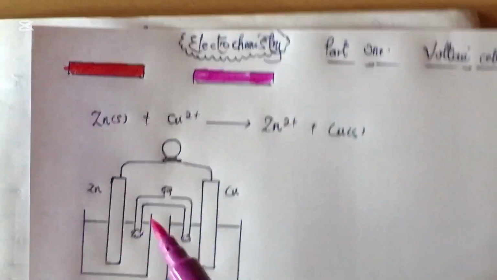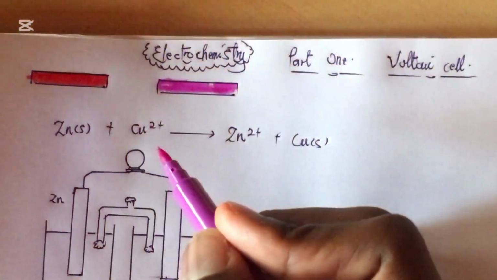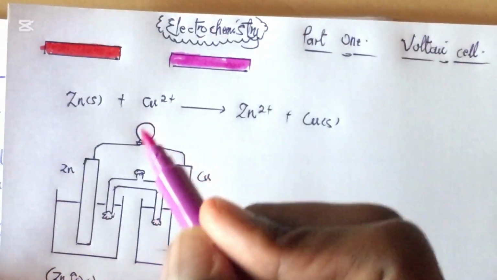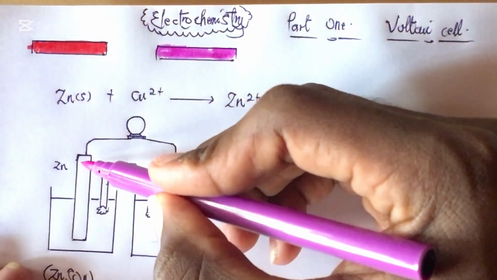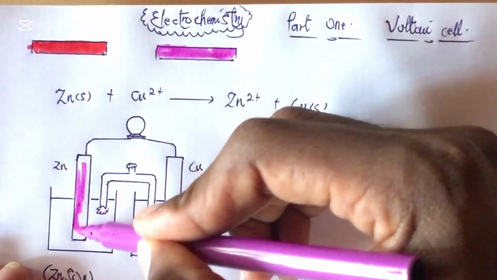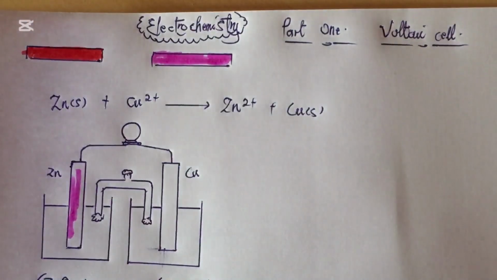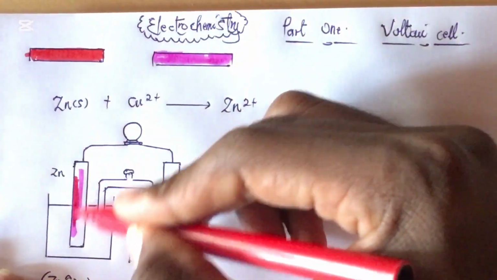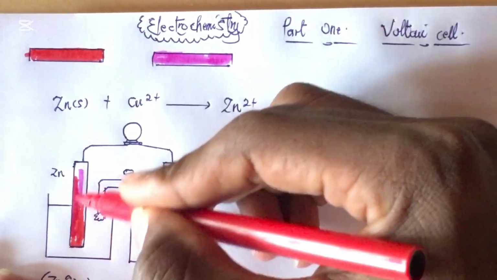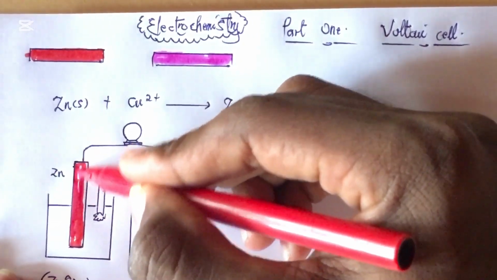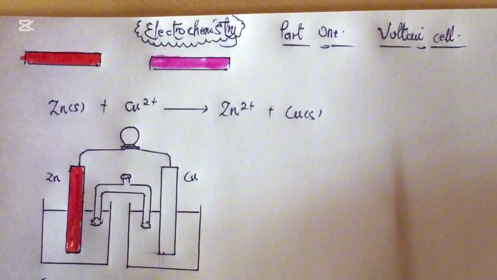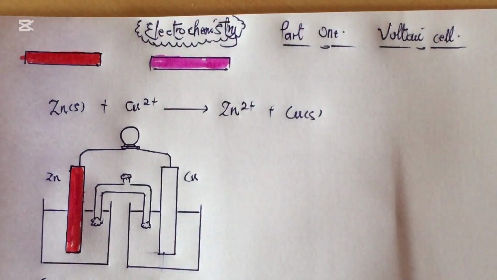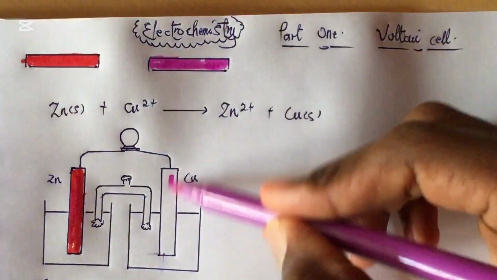Now the same thing applies here. So we have inserted these metals into the solution of what? So automatically, this one is our zinc, which is red in color, and this one will be our copper.